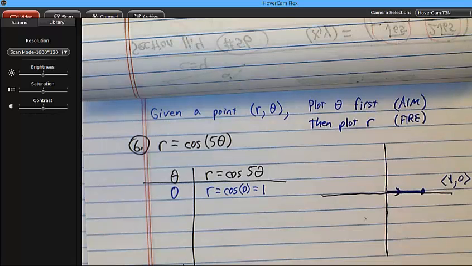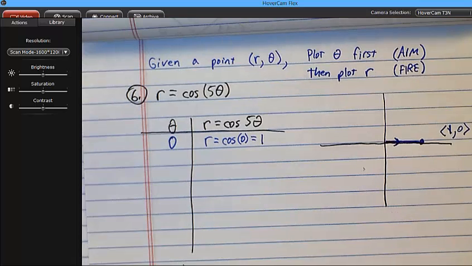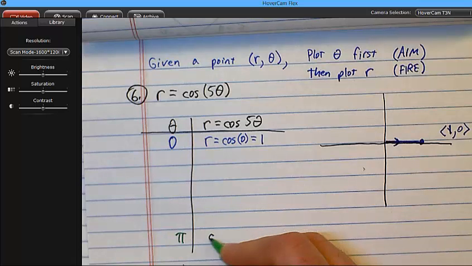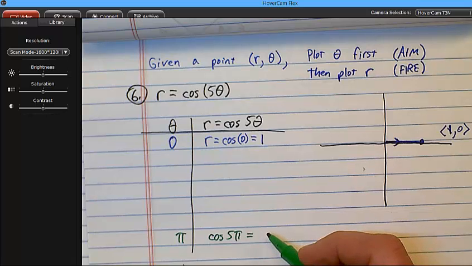Now I'm going to put pi way, way, way down here on my chart. Because to get r, remember what I'm going to do is I'm going to do the cosine of 5 pi. And what's the cosine of 5 pi? Yeah, we did memorize the unit circle. Oh, -1. Thank you. I know you got to go around a few flips, right?